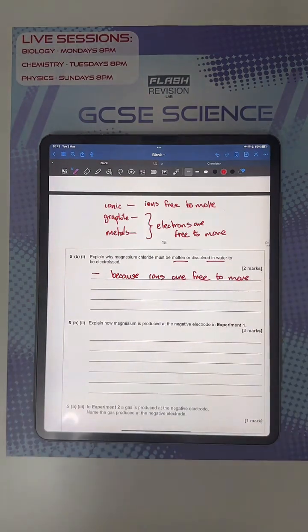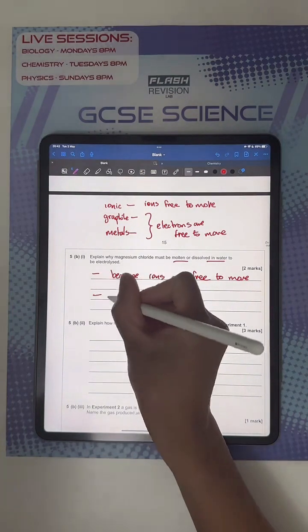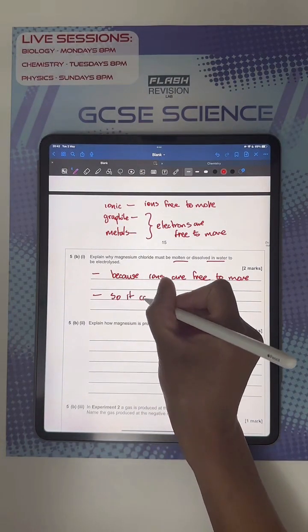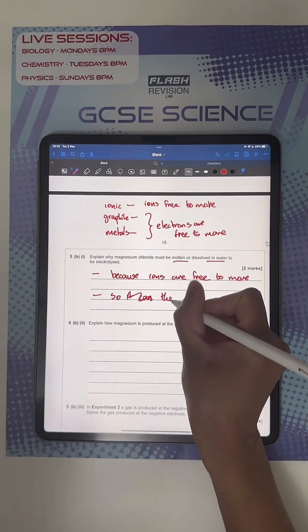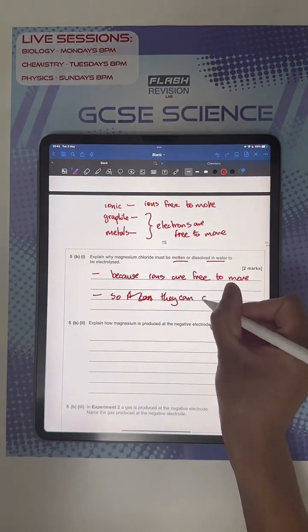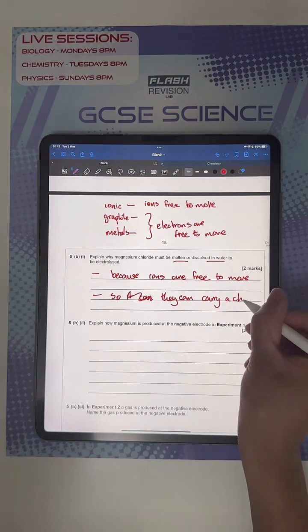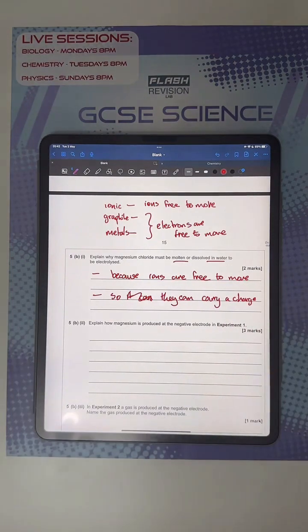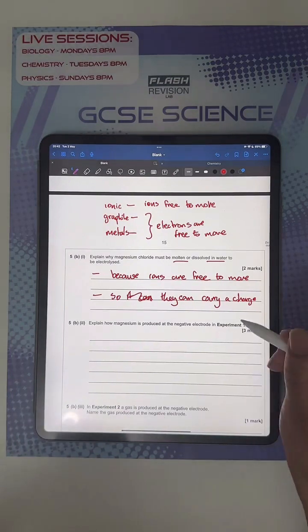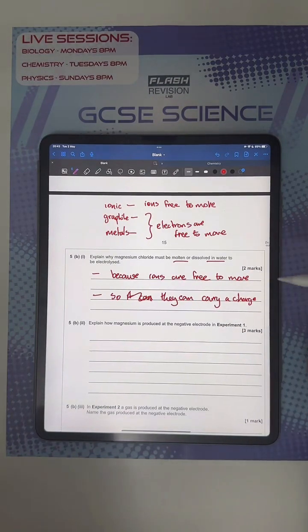The second mark is to say that because they're free to move, they can carry a charge. Don't say because they can conduct electricity. This question's basically asking why can it conduct electricity. So try and word it like this.